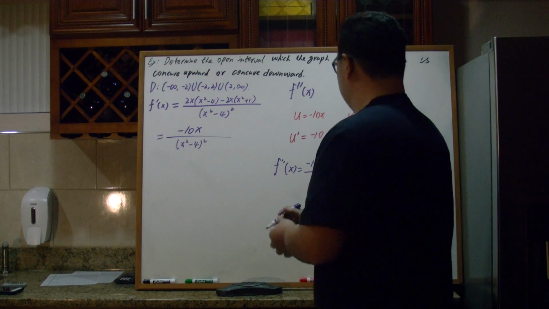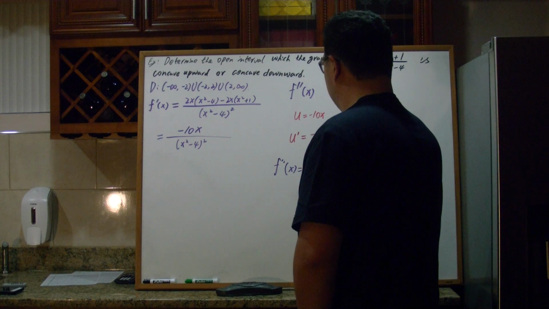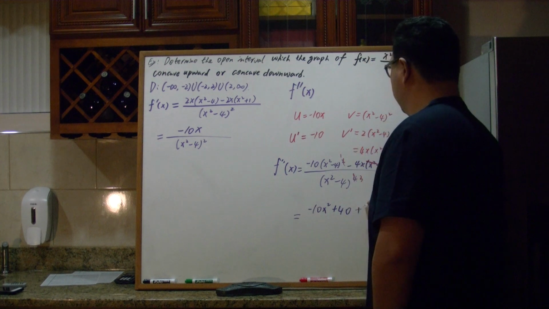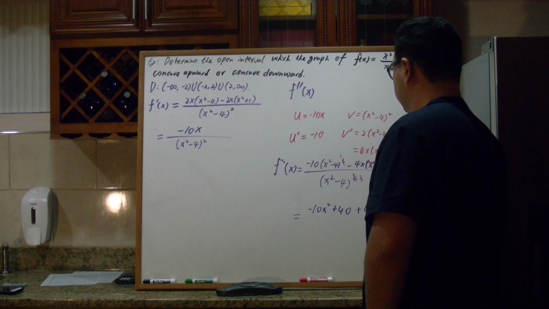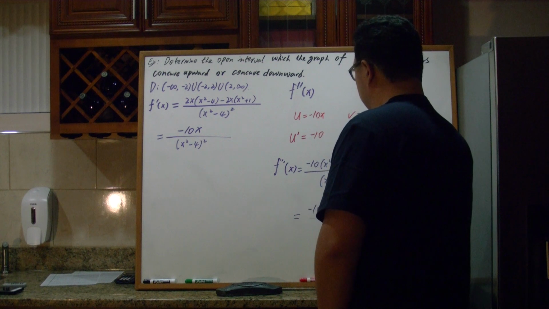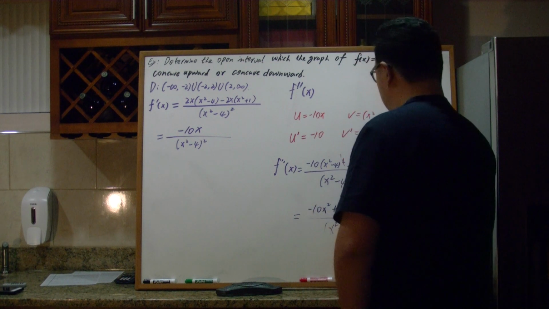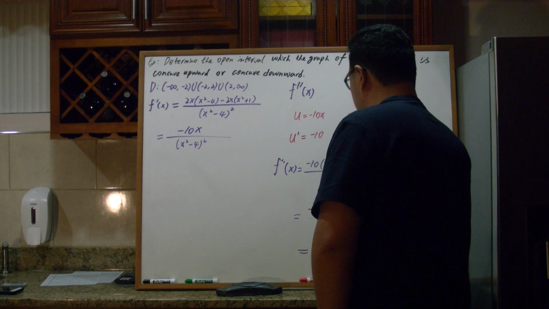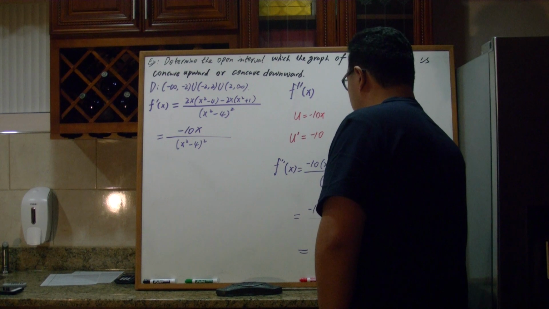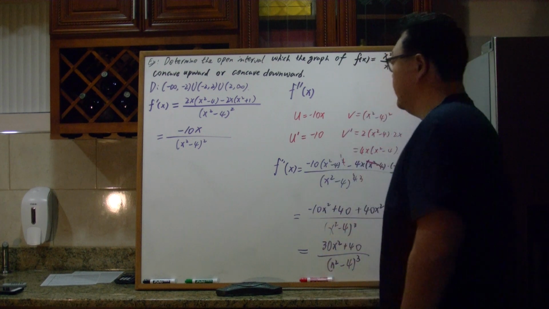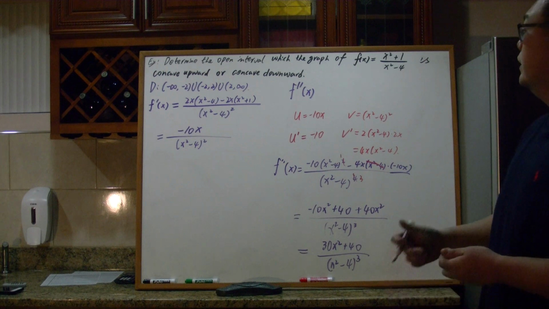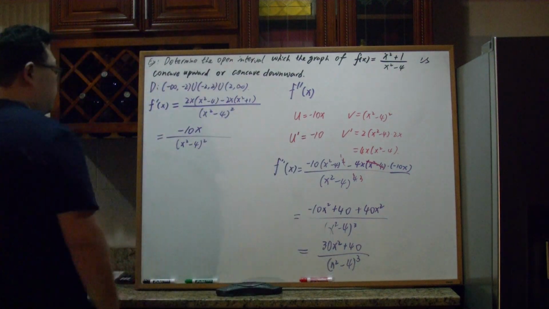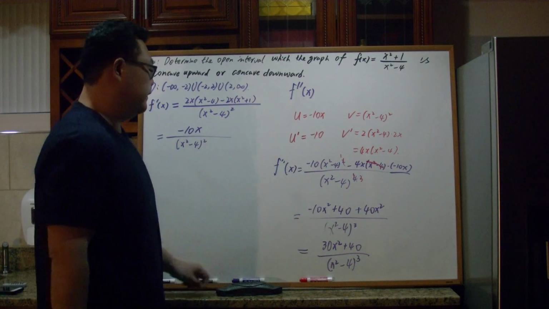That is negative 10 x squared plus 40 and plus 40x squared, which is 30x squared plus 40 over x squared minus 4 to the third. That is our second derivative. So that is the full process to find the first and second derivative.